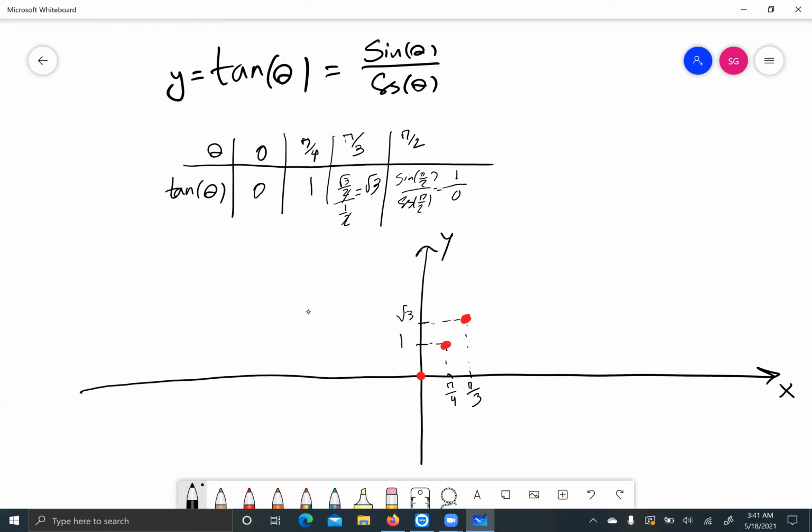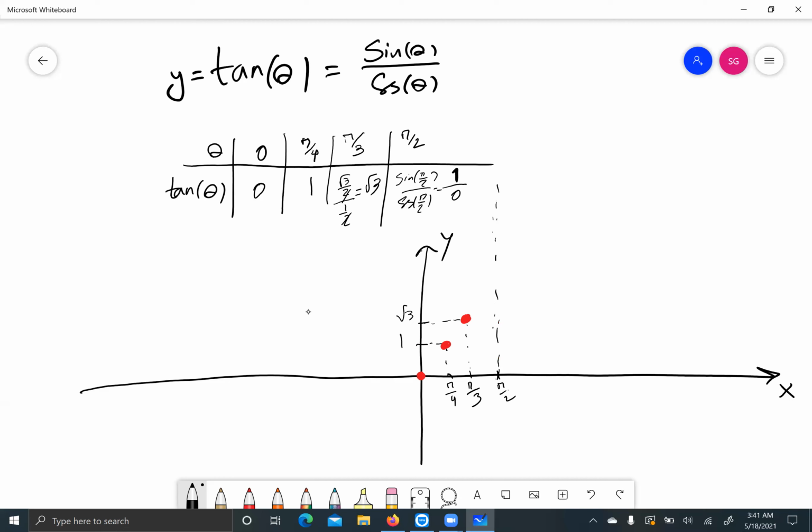What is the cosine? It's 0. So this is undefined. Remember, the denominator cannot be 0. Whenever the denominator is 0, we have a vertical asymptote, which means the value is so large, it's like going to infinity. So at pi over 2, there is a vertical asymptote. I'm going to draw that vertical asymptote.